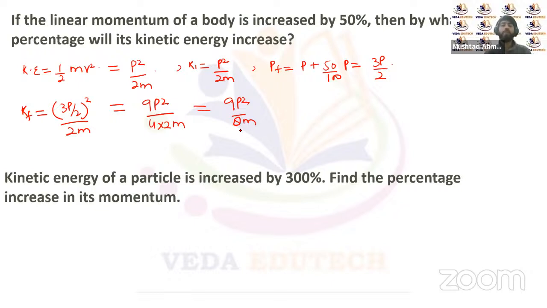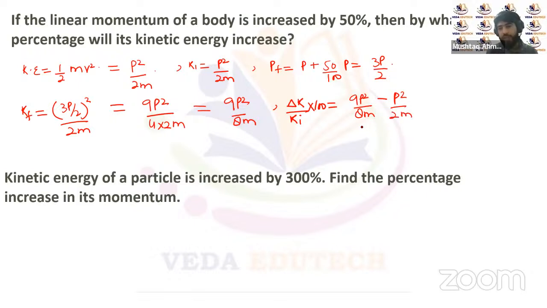Now the percentage change in its kinetic energy will be the change in kinetic energy upon the initial kinetic energy, multiplied by 100. So the final kinetic energy is 9P square upon 8m, minus the initial kinetic energy, that's P square upon 2m.